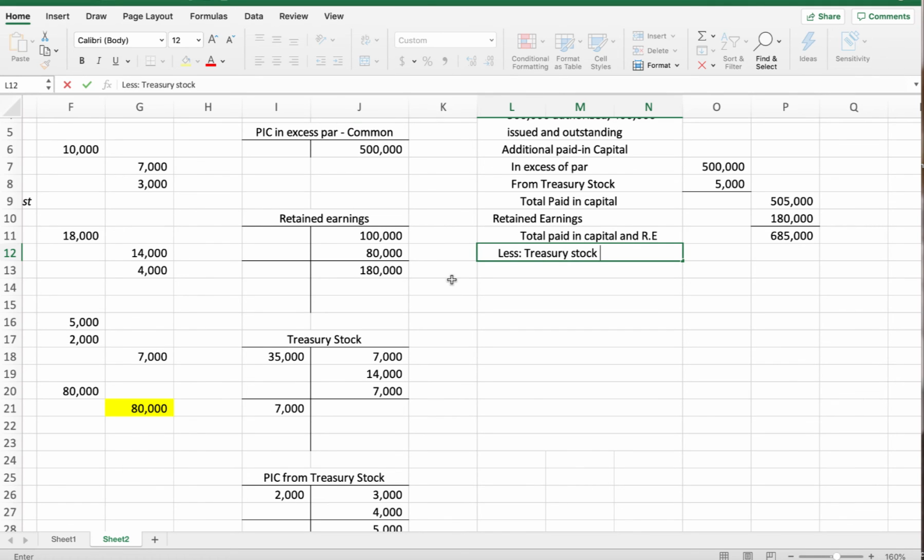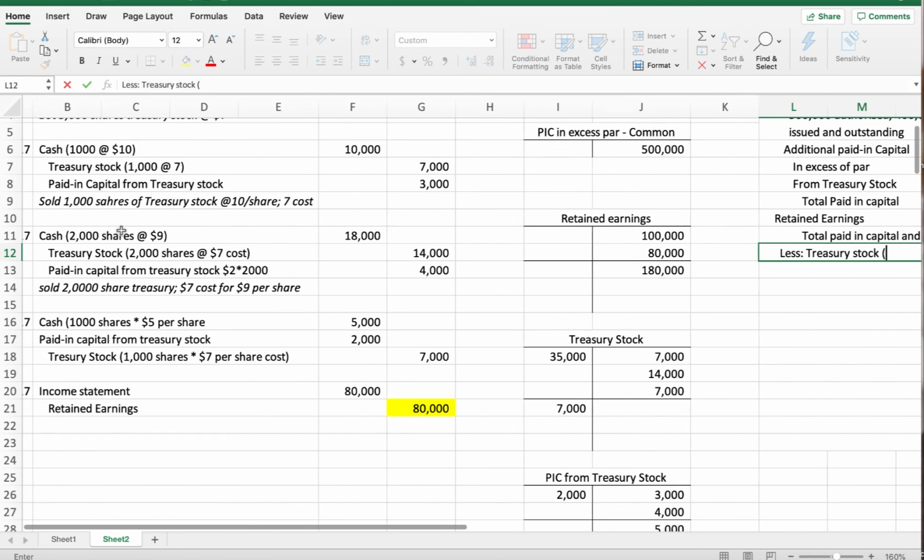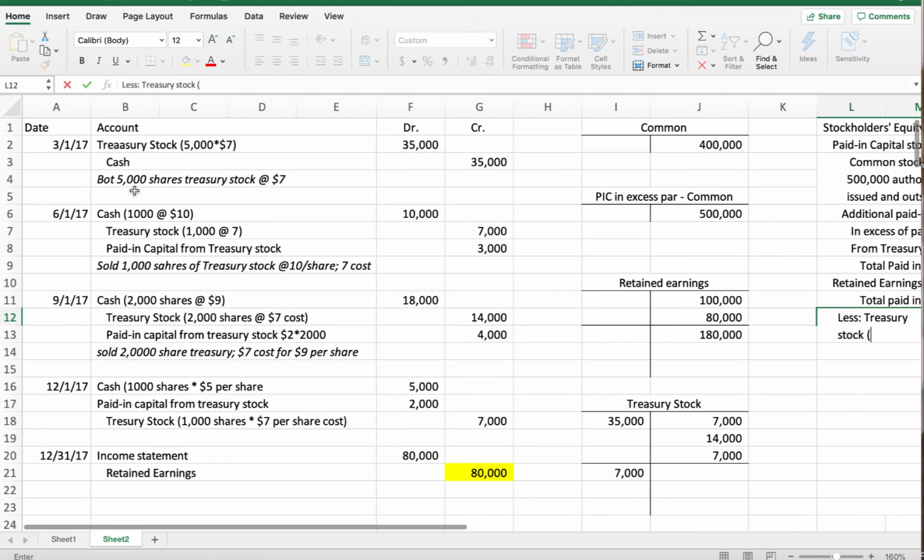Okay, so I need to figure out how many shares of treasury stock do I have left. Well, that's easy. I bought 5,000, I sold 1,000, there's 4. Okay, then I went and sold 2,000. So I had 4, I sold 2, that means I have 2,000 left. The last thing I did was sold 1,000, so I have 1,000 shares left.